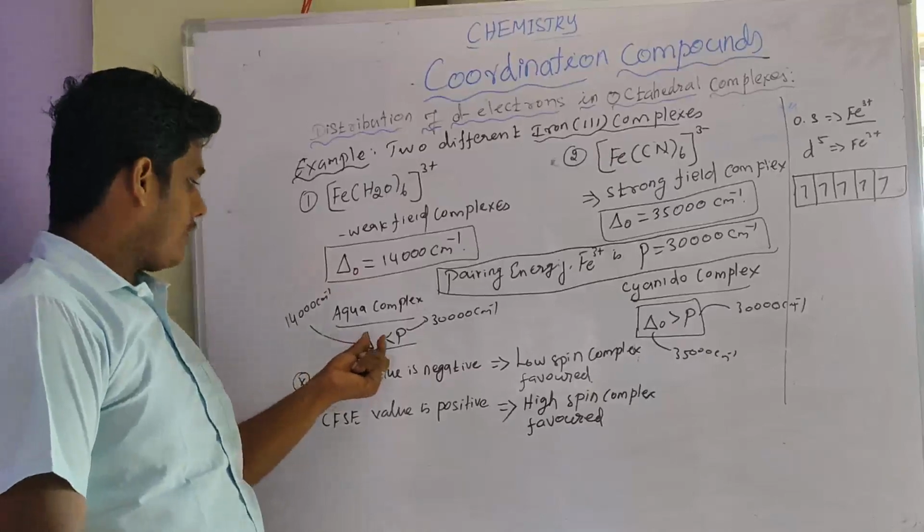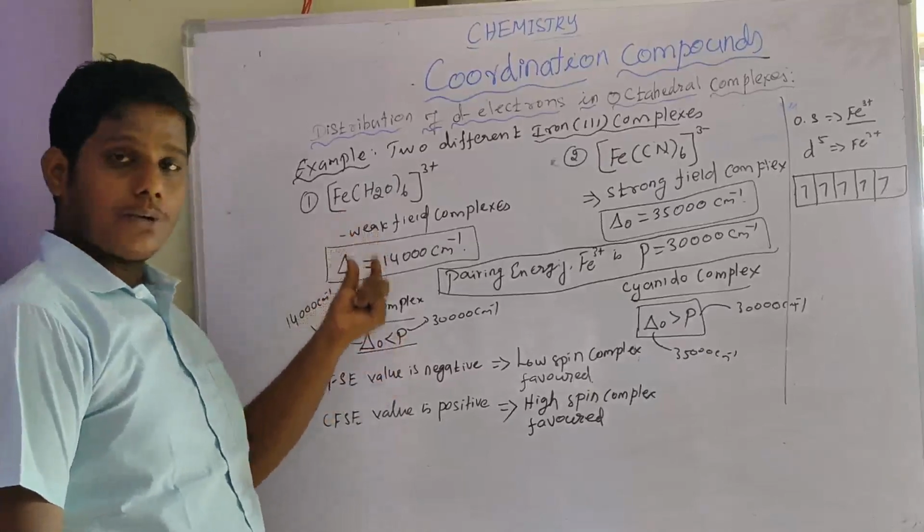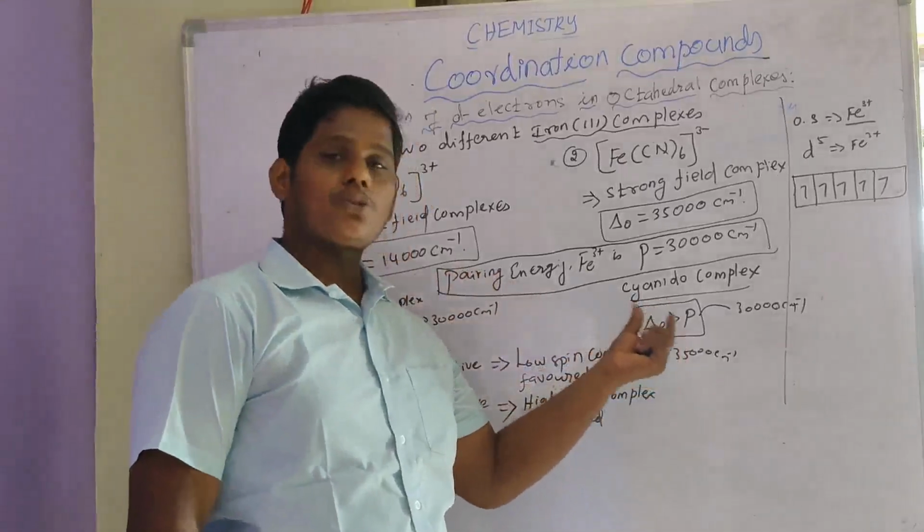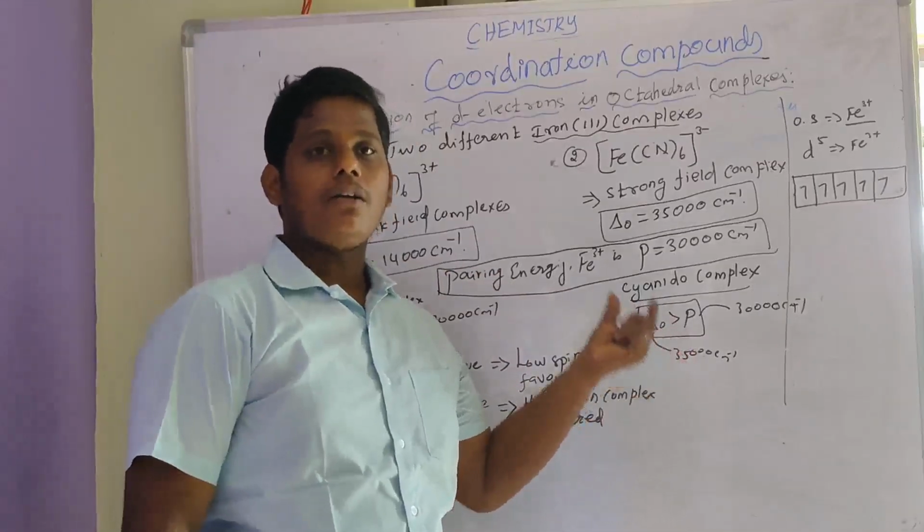So delta naught less than P means electrons do not pair: a weak field complex. Delta naught greater than P means a strong field complex, so the d electrons are paired.